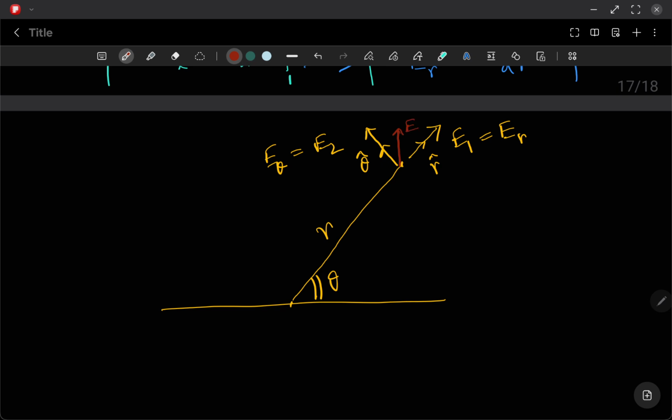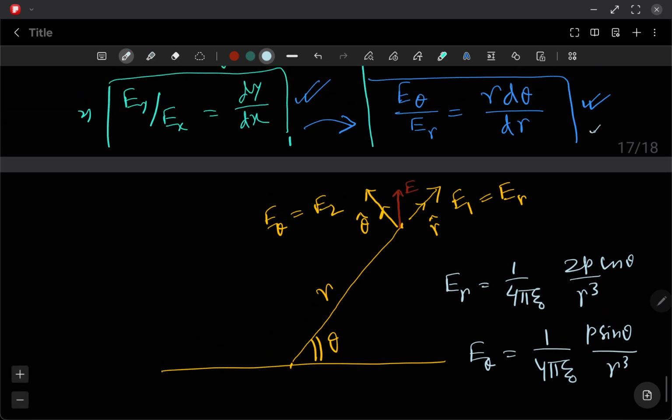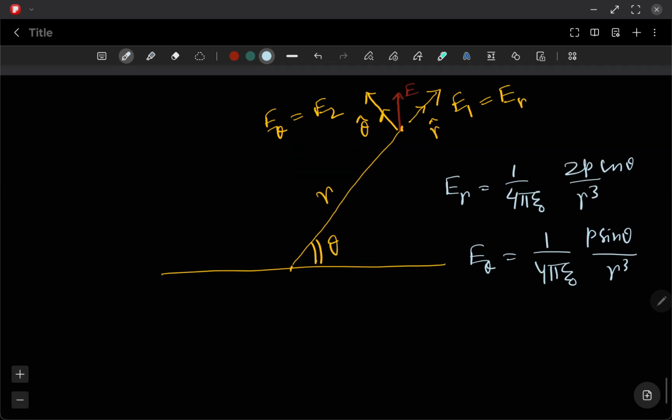Okay, so we already knew this from electrostatics. Er is 1 by 4 pi epsilon naught times 2p cos theta by r cube, and E theta is 1 by 4 pi epsilon naught times p sin theta by r cube. Now from our known relation we will put it here, E theta by Er. So r d theta by dr is E theta by Er, so p by r cube cancels, and it will be sin theta by 2 cos theta.